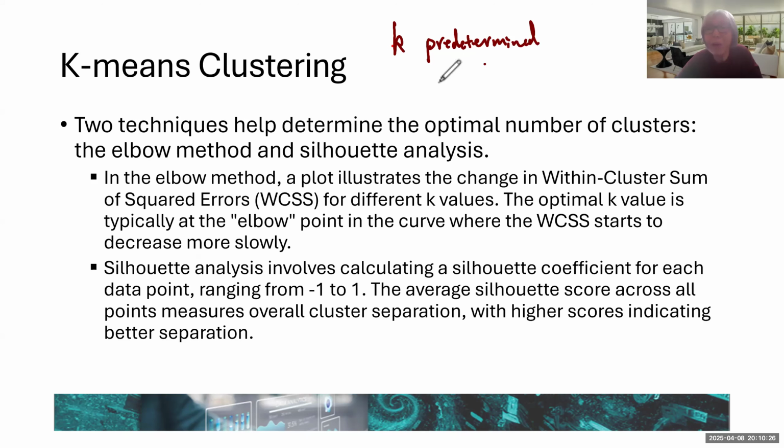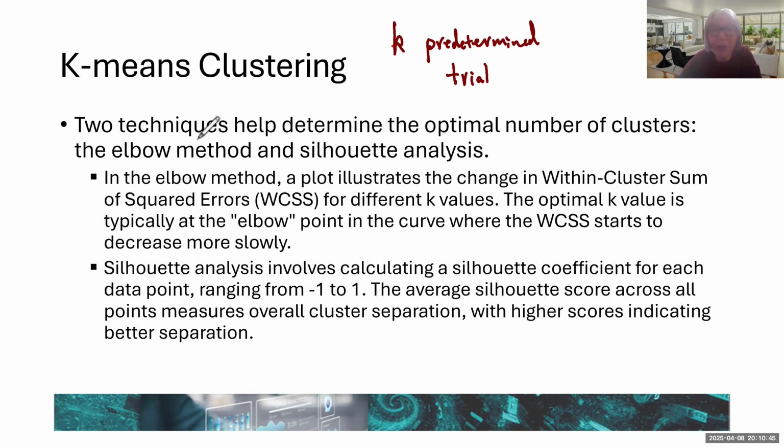But how many is optimal? So the only way is we try. You try with 1 cluster, 2 clusters, 3, 4, 5, 6 clusters. So what is going to be the best number?